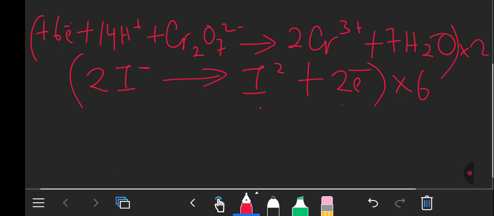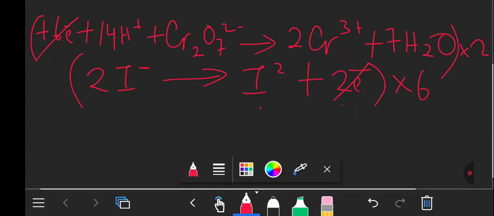Okay, so once we have this, you discover that the number of electrons now on the first reaction will be 12. Even in the second reaction, there will be 12. So this can cancel now with this. The electrons now can cancel. So what you are simply going to remain with will be 14 hydrogen ion there. Okay, so this is what we're going to remain with.